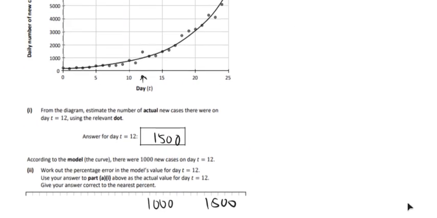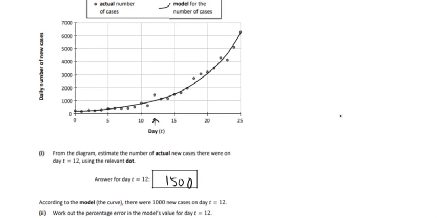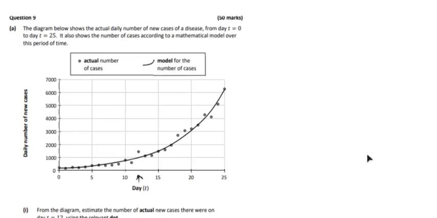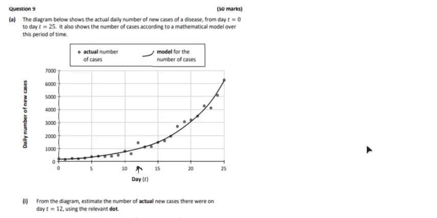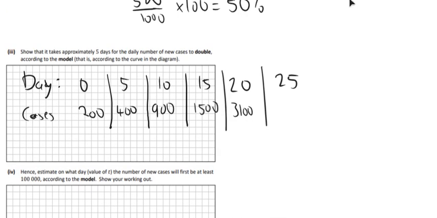On day 20, it's a little bit above 3,000. We'll go 3,100. Would that be about right? Yeah, that'd be about right. And then on day 25, it's up above the 6,000, so 6,200 approximately.